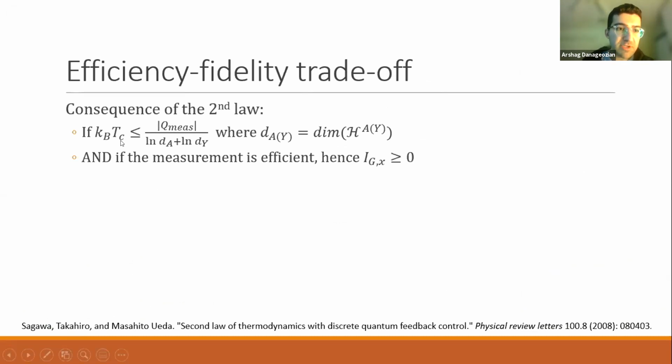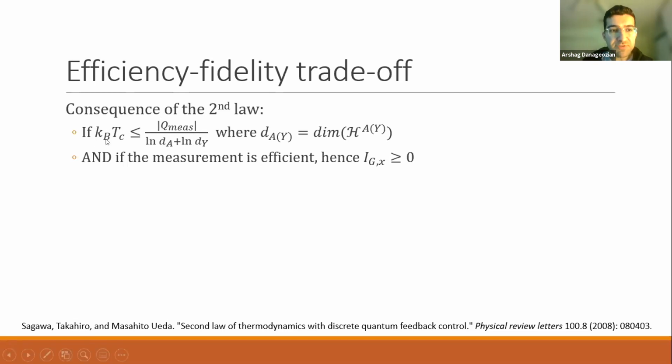The two conditions are that the temperature has to be sufficiently low, where you can see the upper bound here. The numerator is the heat dissipated by the measurement stage. The denominator is the sum of the logarithms of the dimension of the ancilla system and the dimension of the classical register Y that's required for you to record the outcomes of your error syndrome measurement.